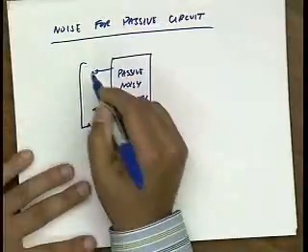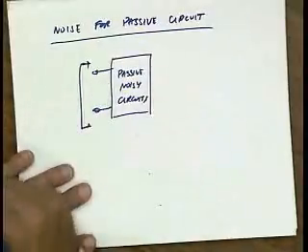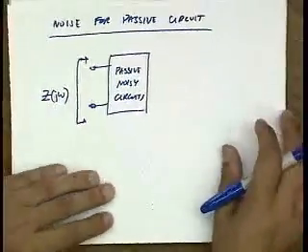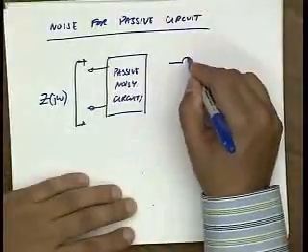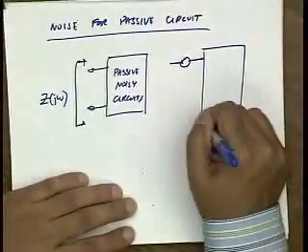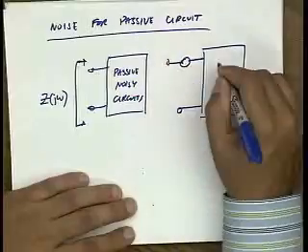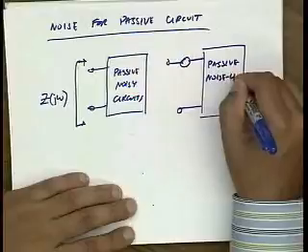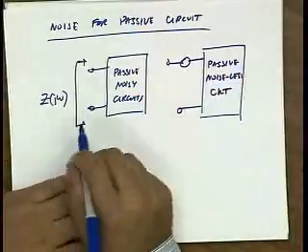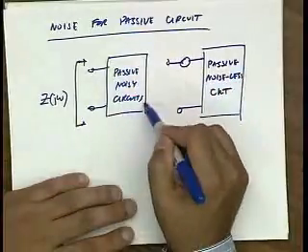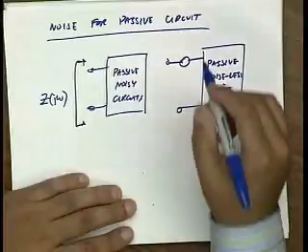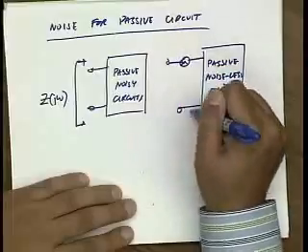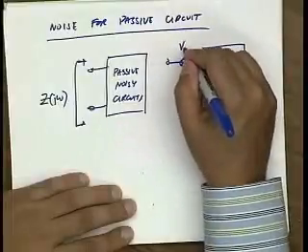And let's say that at a particular terminal pair, I look in and see some impedance. Well, the nice thing is I can replace this passive noisy circuit with a passive noiseless circuit. In other words, I take this guy and just turn off all the noise sources, and I get this, and I can represent the equivalent noise as just a noise in series or a noise in shunt, depending on how you like to do things.